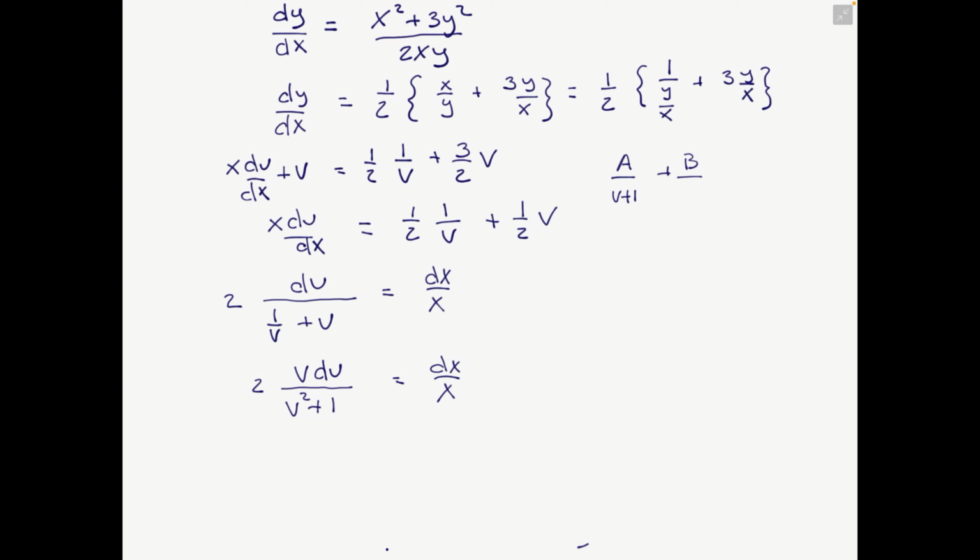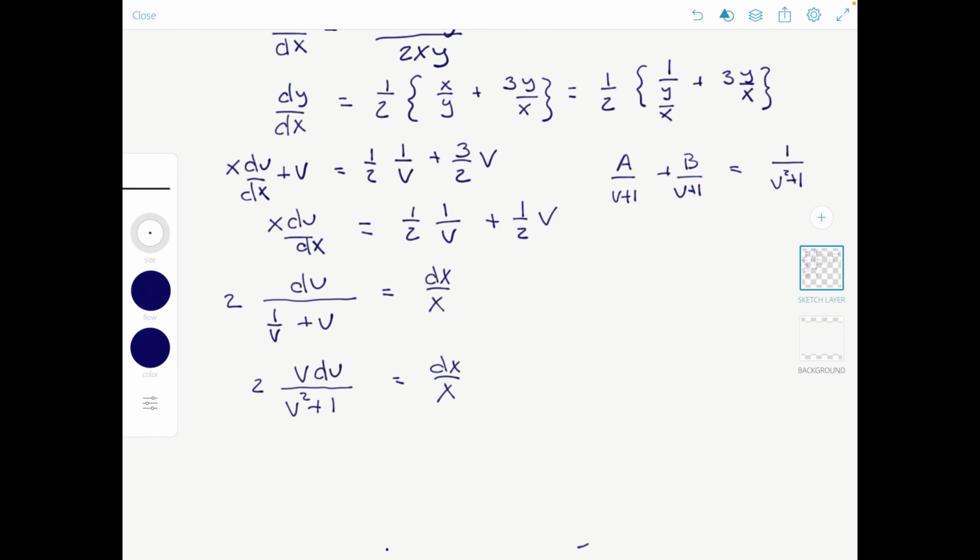I could have, but I don't know if I did that or not. Let's try it. v plus 1 equals 1 on v squared plus 1. No, I didn't. What am I doing? I didn't do it that way. That's complete garbage, sorry.